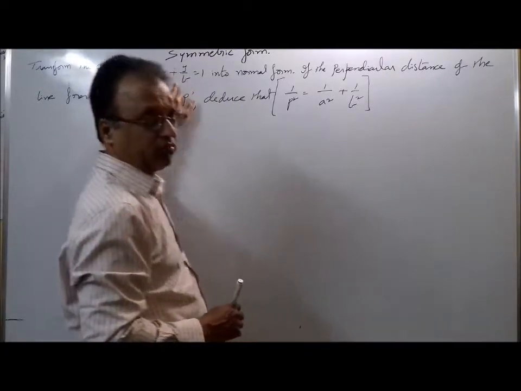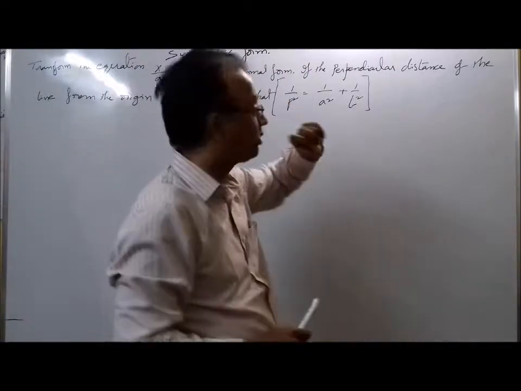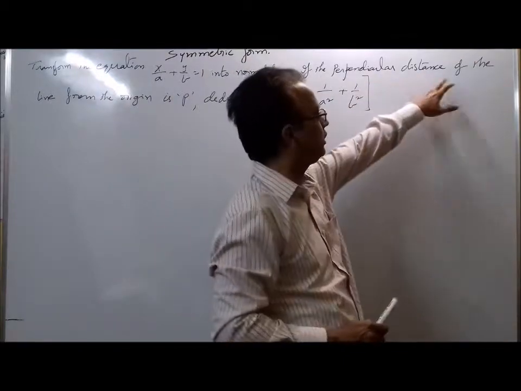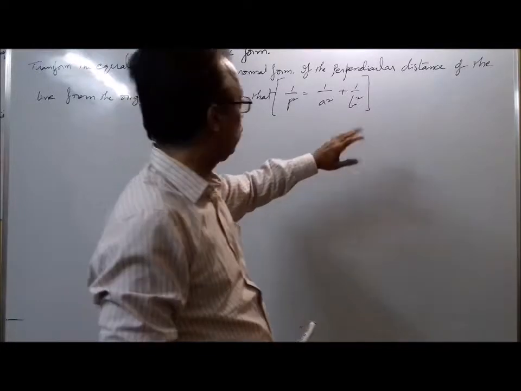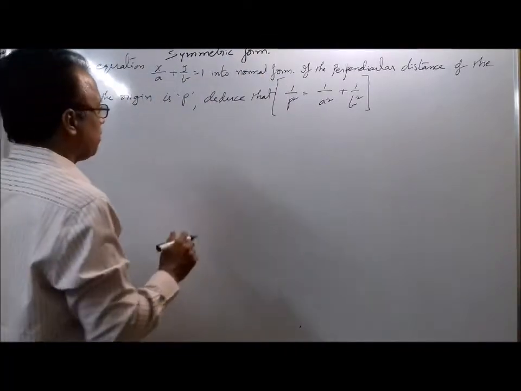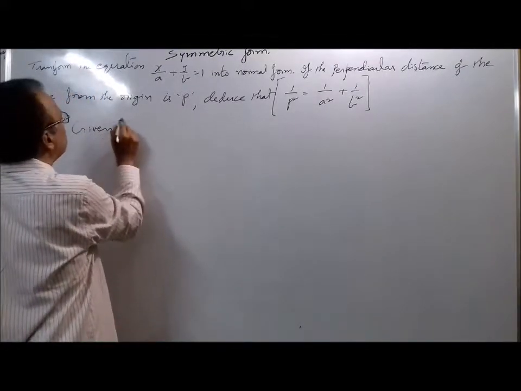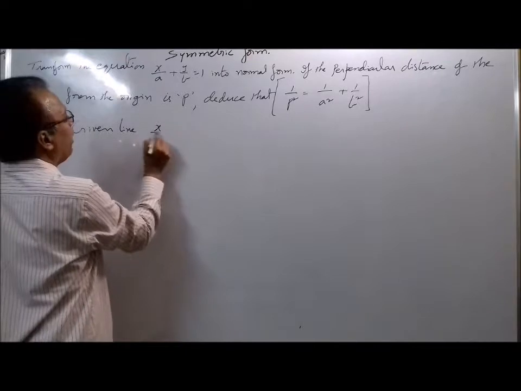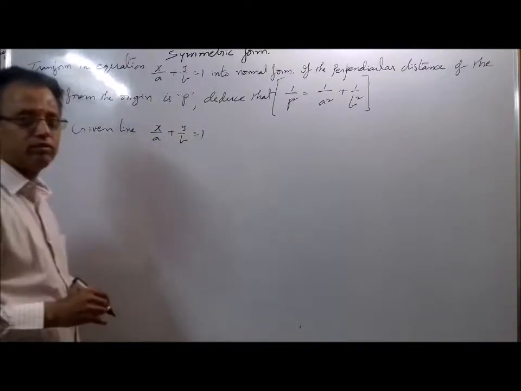Transform the equation x by a plus y by b is equal to 1 into the normal form, and if the perpendicular distance of the line from the origin is p, deduce this condition. See, suppose the given line is x by a plus y by b is equal to 1.